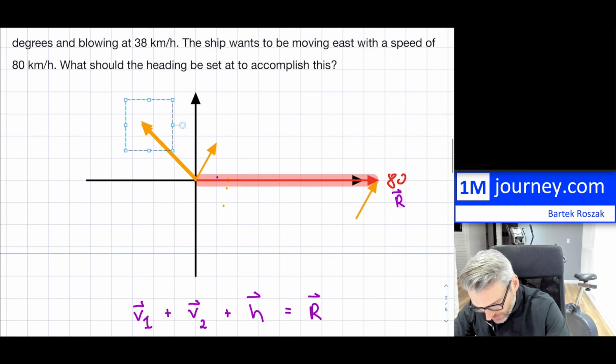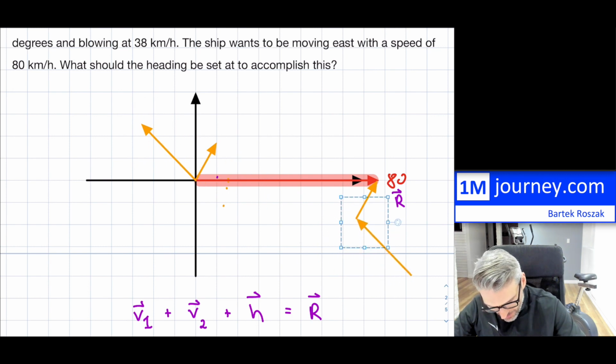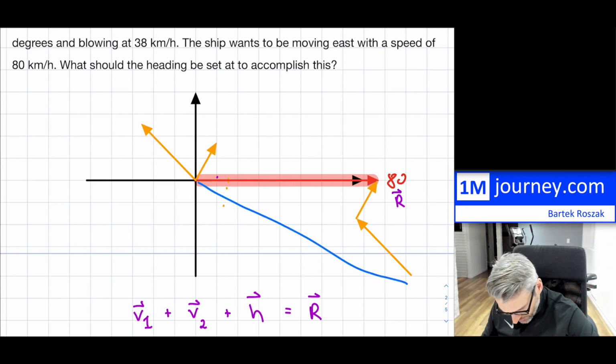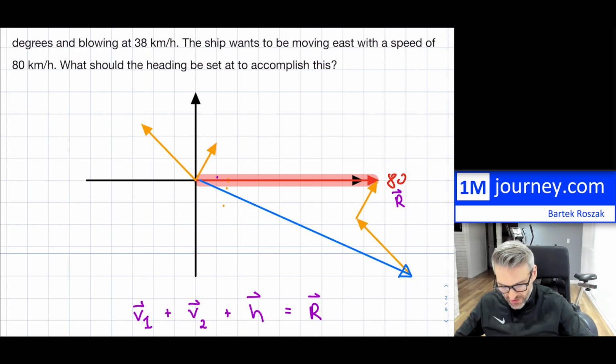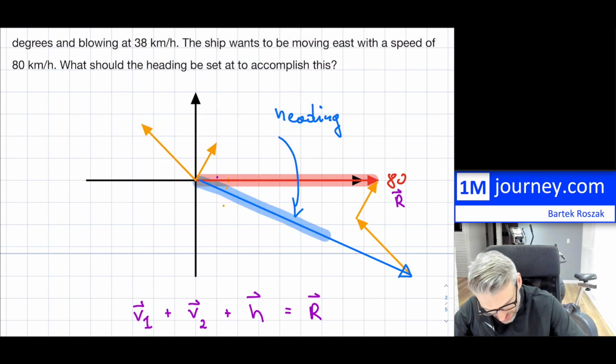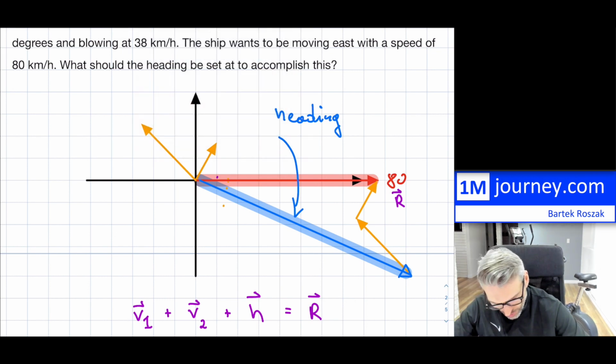Okay, and now if I do that, it's going to look very strange to you, but our heading, okay, our vector, well, I'm missing the arrow there, but you can imagine the arrow right there. This is your heading that you would have, right? So what you're doing is you're heading in this direction with that magnitude, and then you're being perturbed back by these currents and winds.